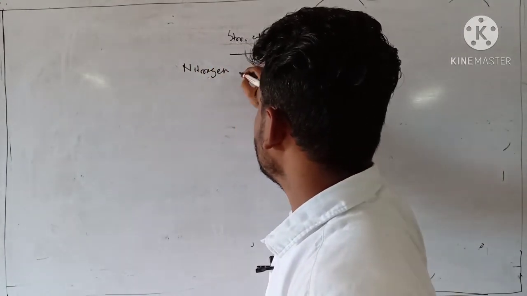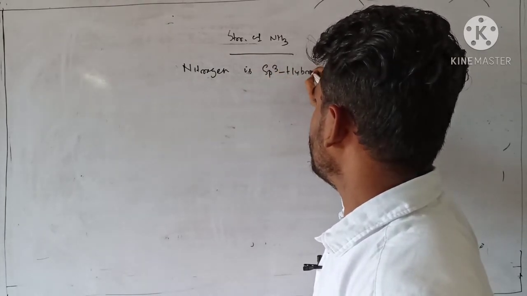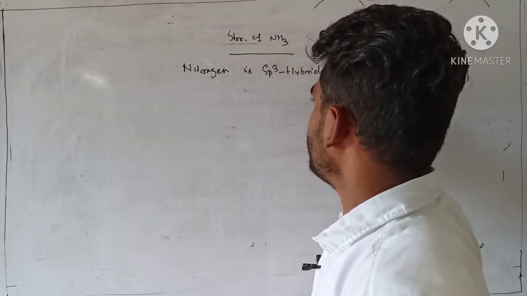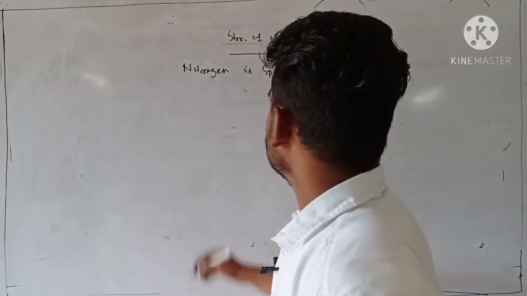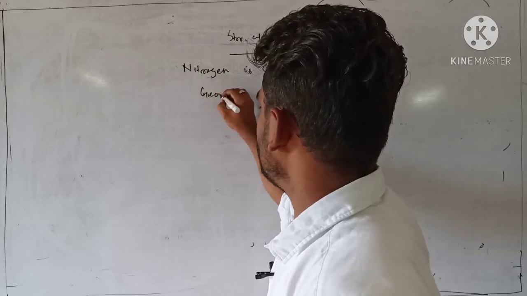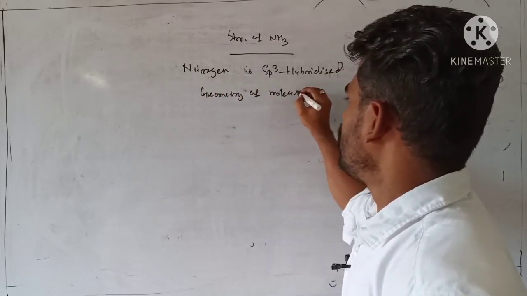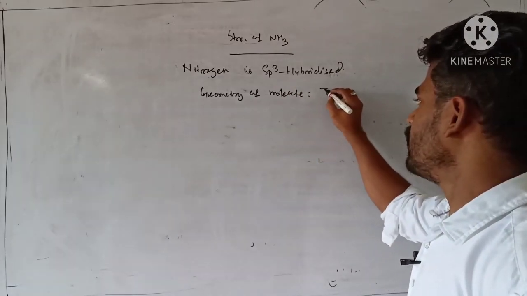Nitrogen is sp3 hybridized, so the geometry of the molecule should be tetrahedral.